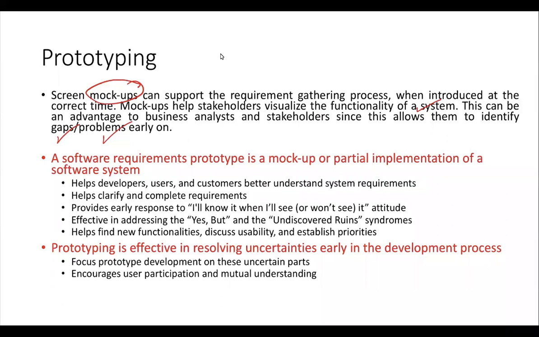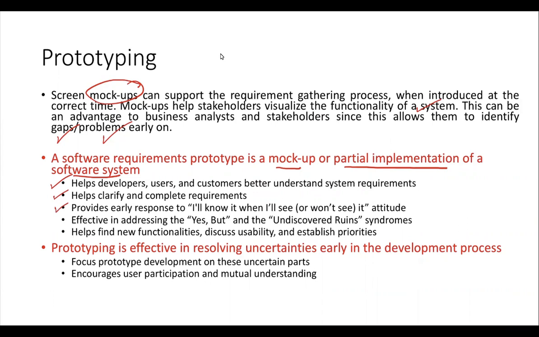This is a prototype in general. When we apply prototype to software, the software requirement prototype is considered a mockup or even a partial implementation of the software system to help developers, users, and customers better understand system requirements. It helps in clarifying and completing requirements.